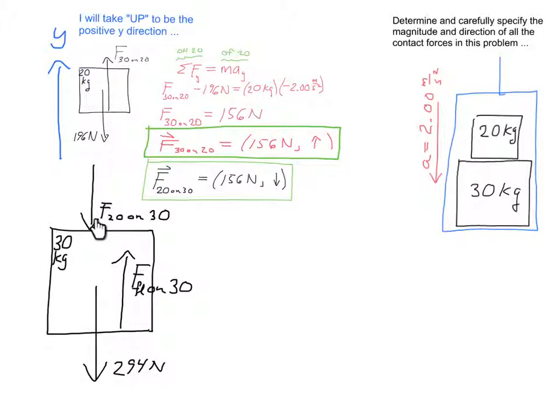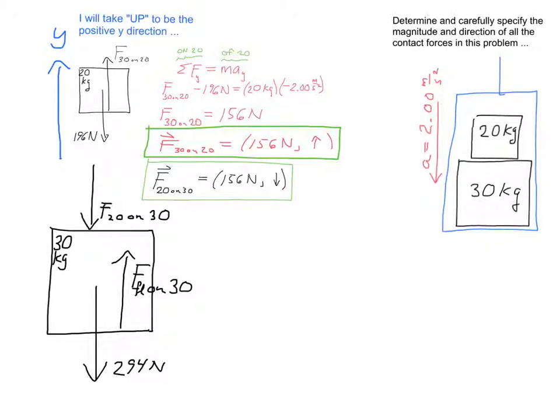This here is the force that the 20 kilogram block is exerting downward on the 30 kilogram block. Now, we already know what the strength of that force is. We've already solved for that. That's 156 newtons. So when we write our Newton's second law expression for this, we can plug 156 newtons directly in for this right away.